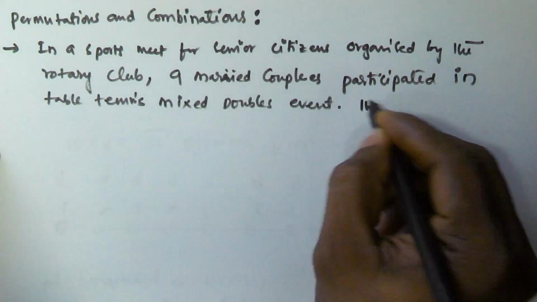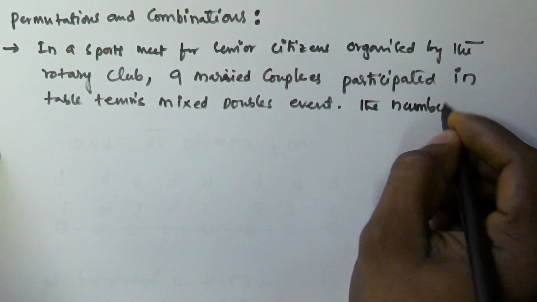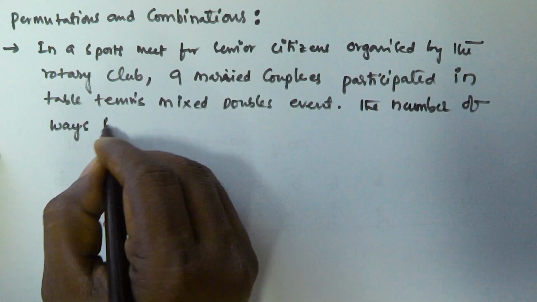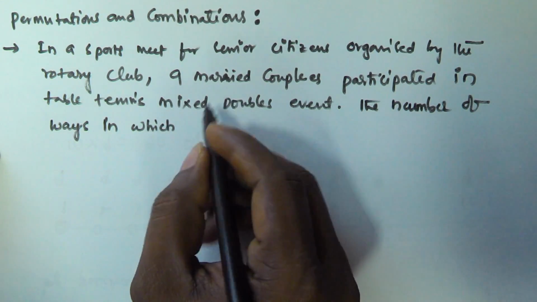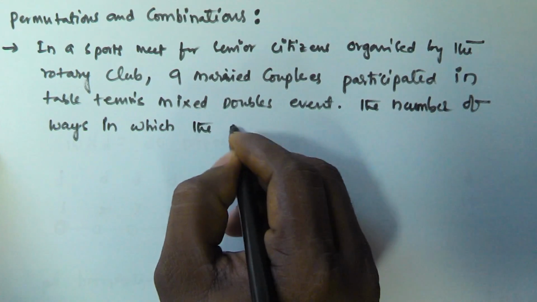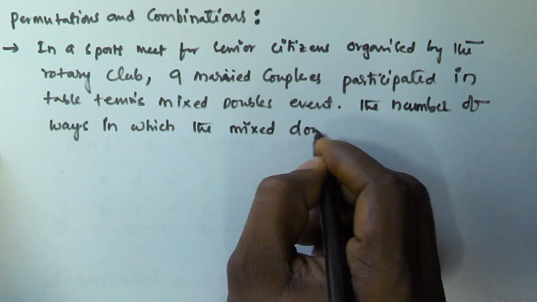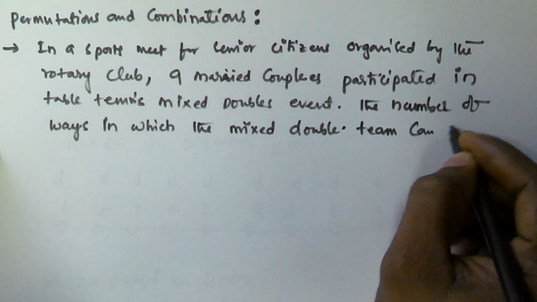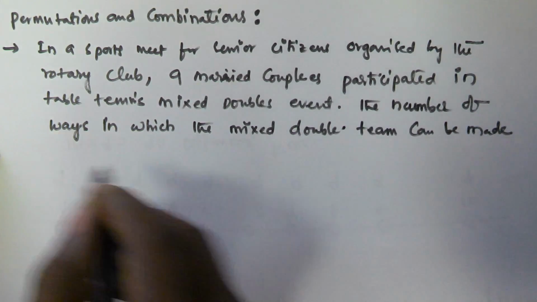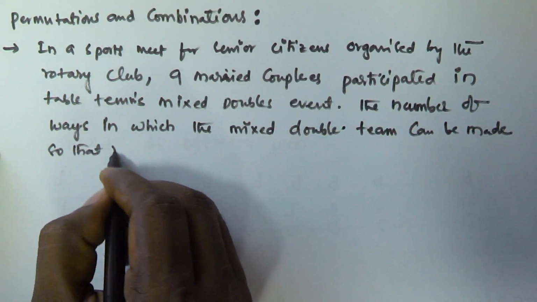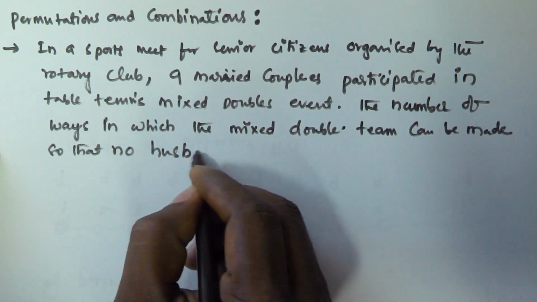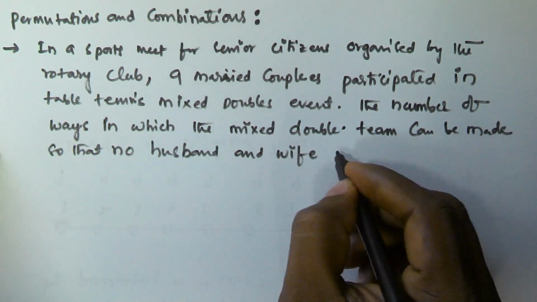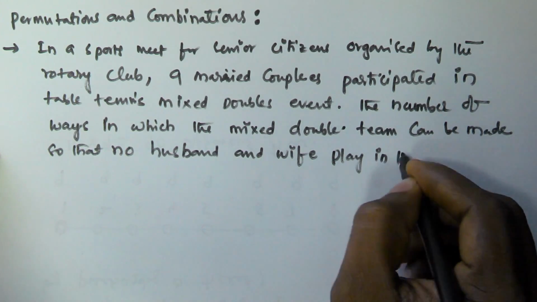So the number of ways in which the mixed double team can be made so that no husband and wife play in the same set is.